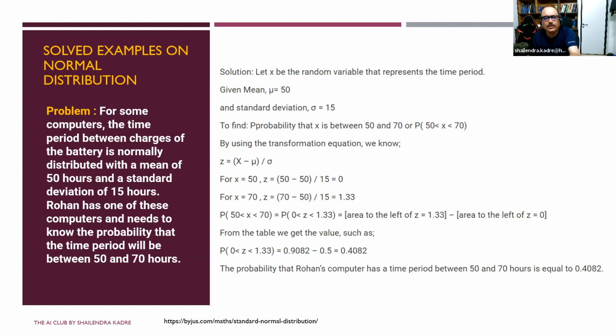Then for Z equal to 0, the cumulative probability is 0.5. You need not even read it: at the mean, Z equal to 0, the cumulative probability will always be 0.5. So 0.9082 minus 0.5, the answer is 0.4082. Nice. We are using these Z tables and Z values to solve useful problems.